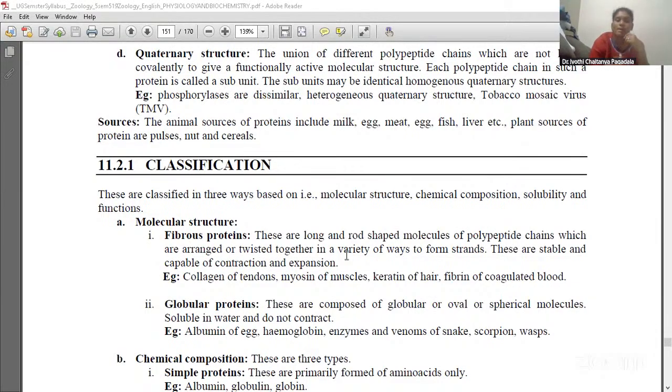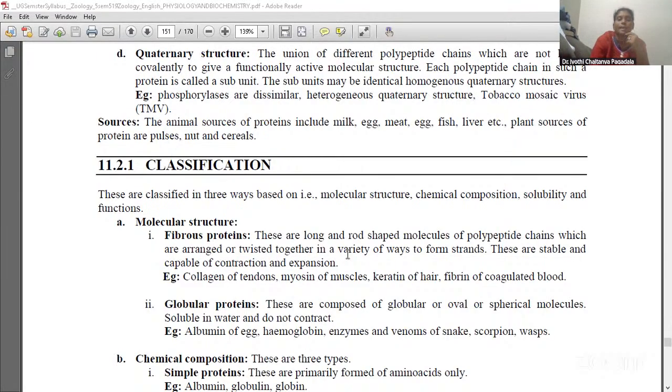And the other one, globular proteins, are proteins composed of globular, oval or spiral shaped molecules, which are soluble in water.